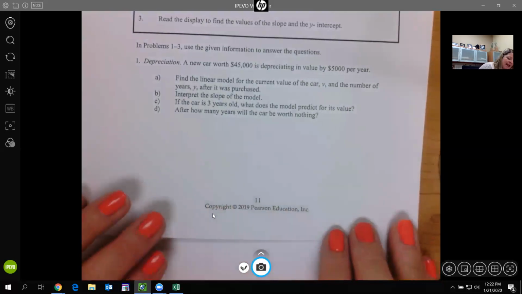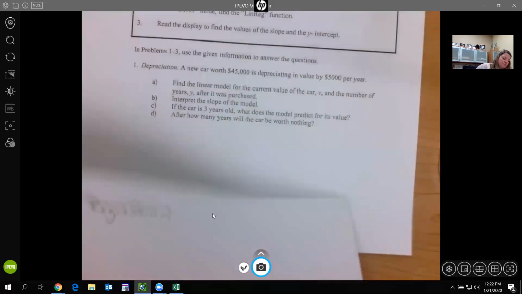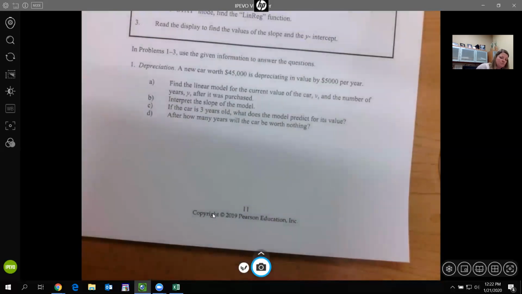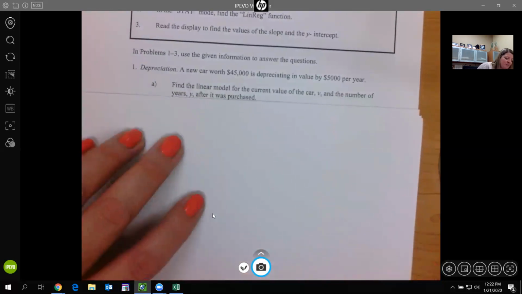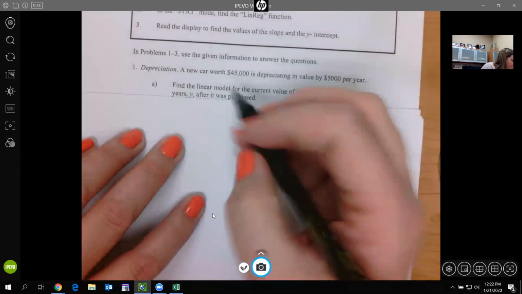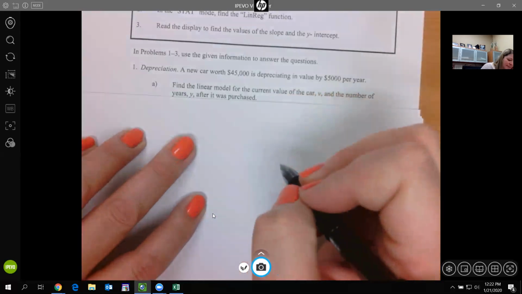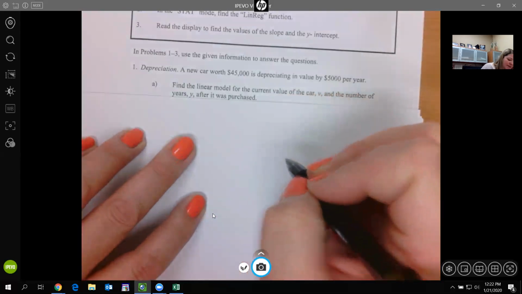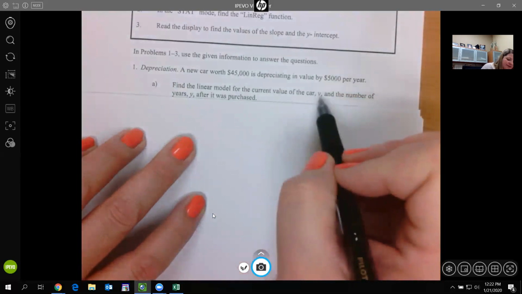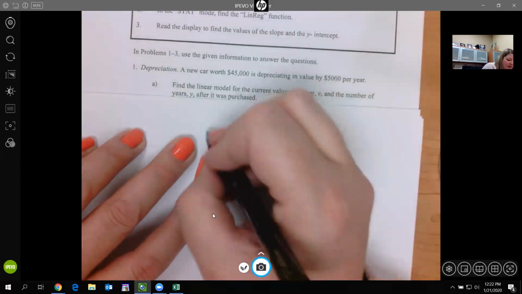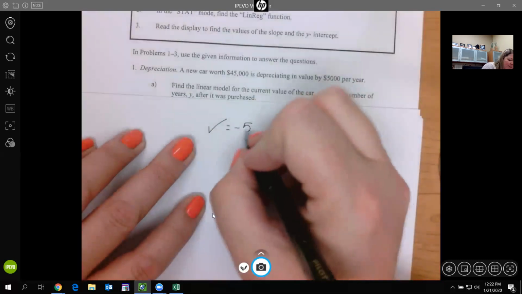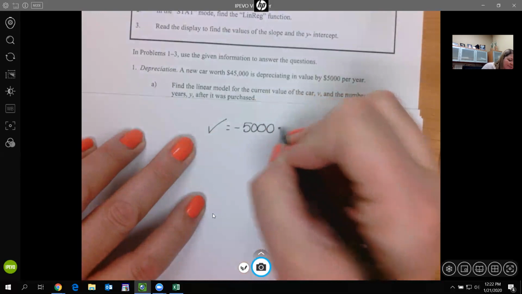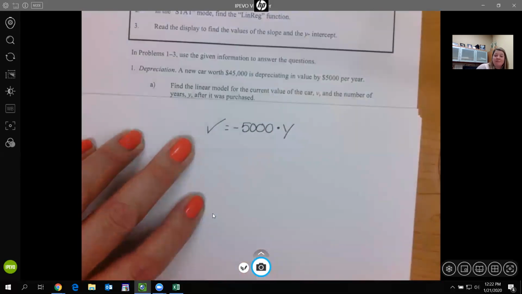Okay, so for A, we're going to think of this as the number of years after we purchase it. The linear model for the current value of the car is V. So the current value of the car is going to be equal to negative 5,000 times however many years have gone by.